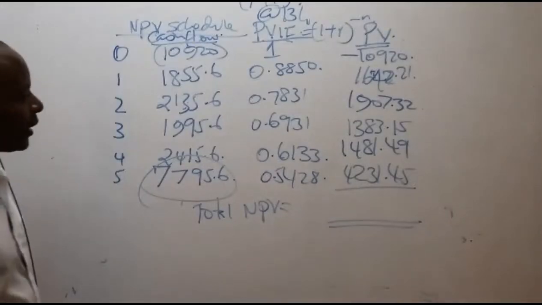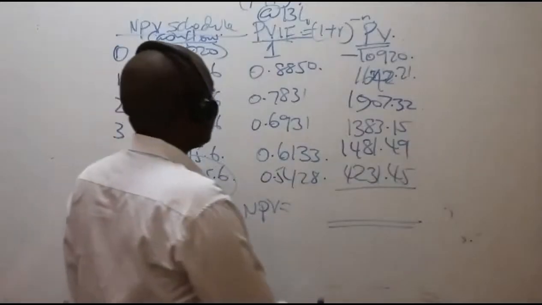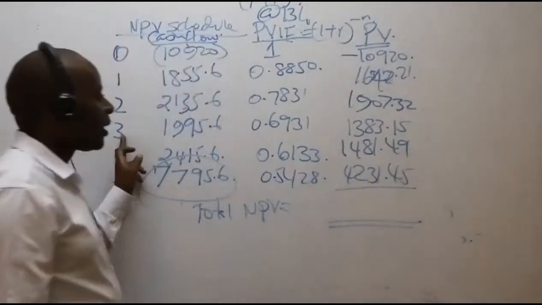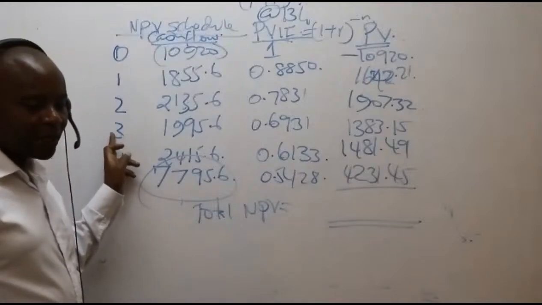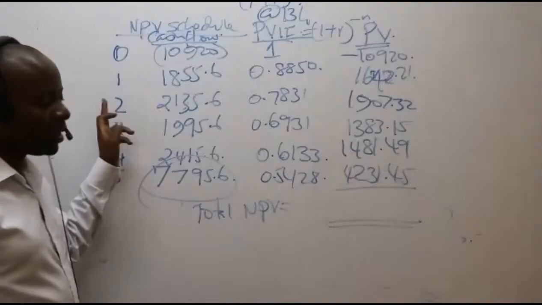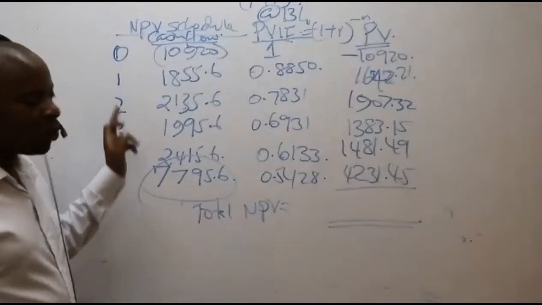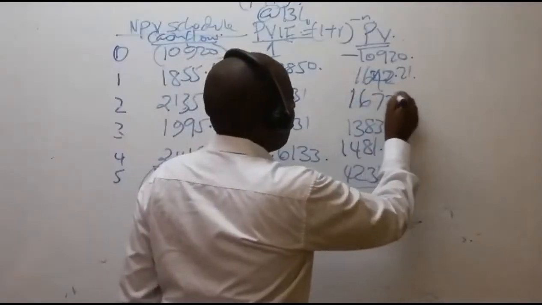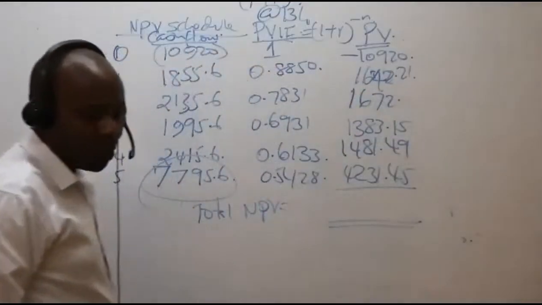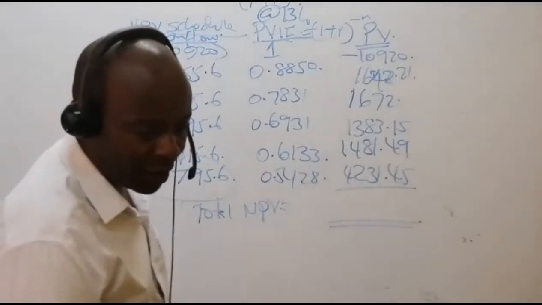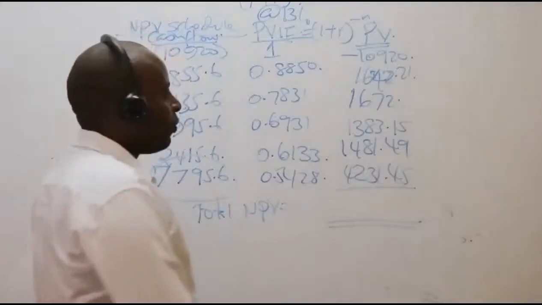Third figure is supposed to be 1670. Now, are we talking of the third year or second year? Year 2. Year 2 is supposed to be 1672.39. Thank you very much.